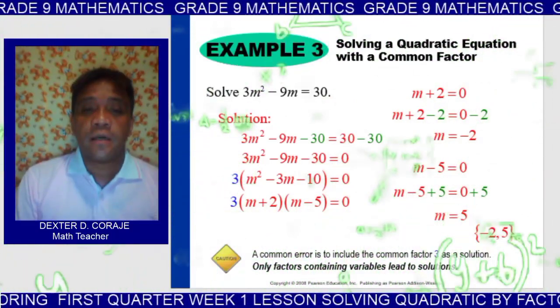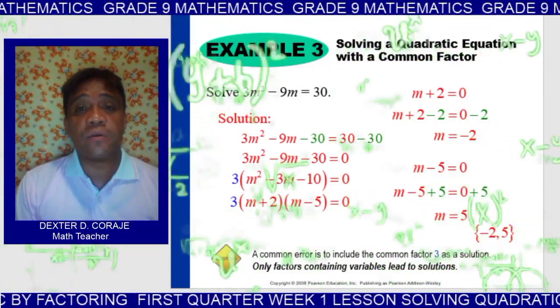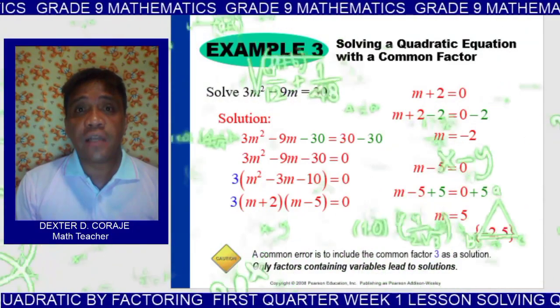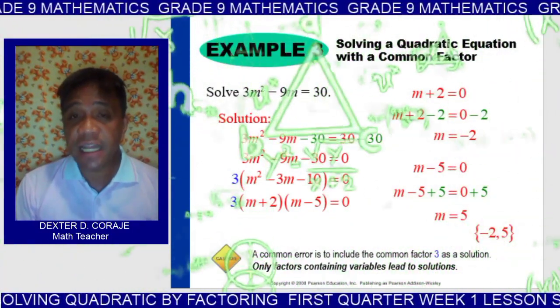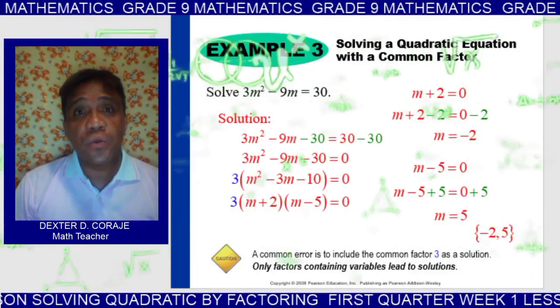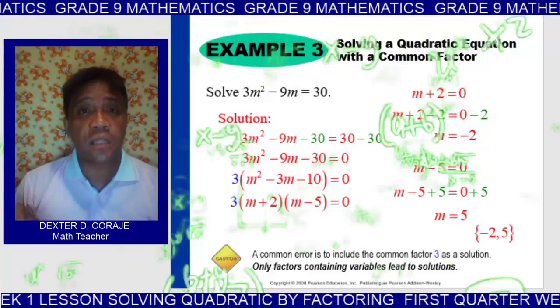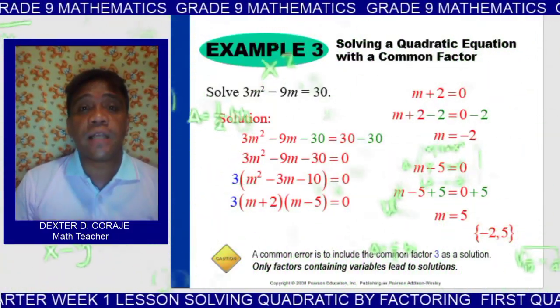Okay, what we have now in example number 3 is still the same, but we are looking for the solution value of m now, not anymore x. Again, as I said, we're not only using variable x as we find out. Take note that all letters in the English alphabet can represent an unknown value.